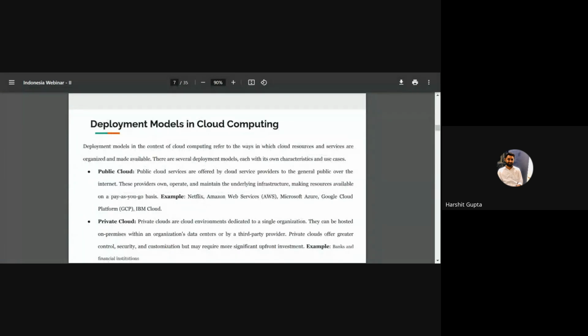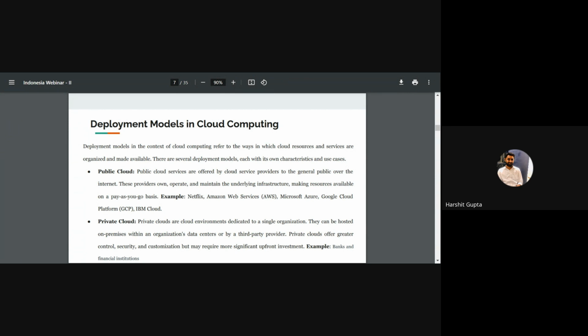So what is the public cloud? Public cloud services are offered by a cloud service provider to the general public over the internet. Simply like Google Cloud Platform, Netflix, Amazon Web Services, Microsoft Azure, whatever services are provided by them on any cloud service, it is known as a public cloud, because we can directly go to these services and access them.